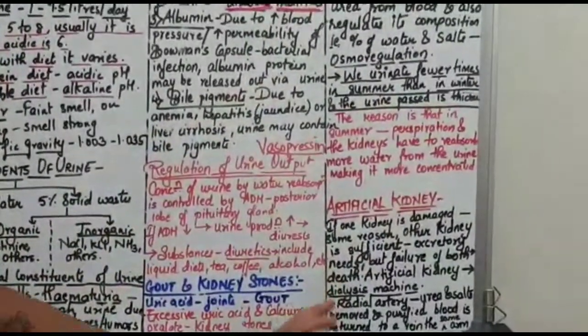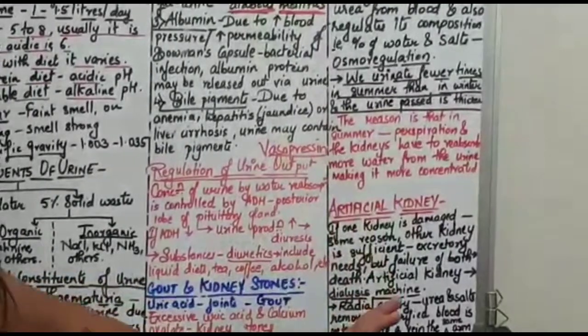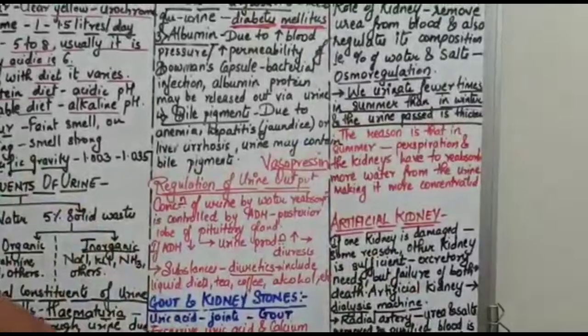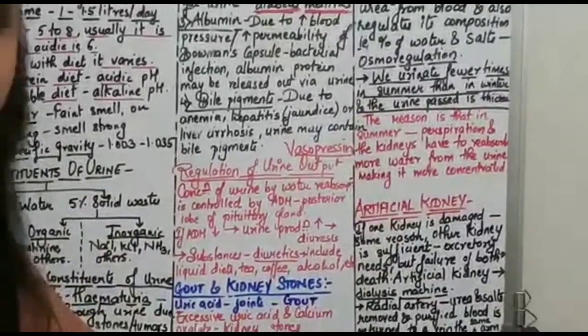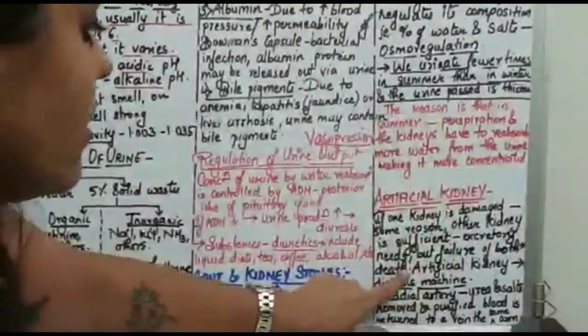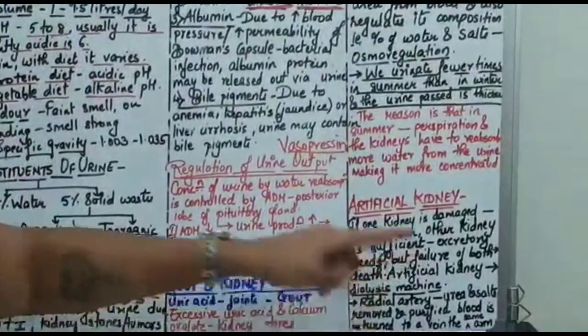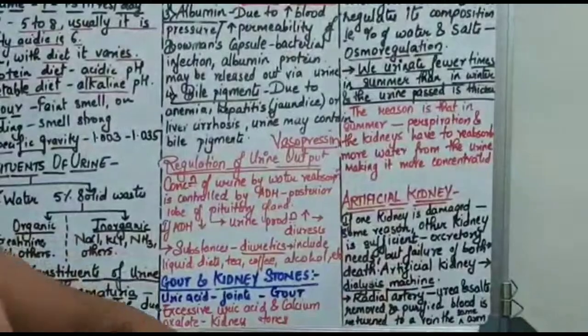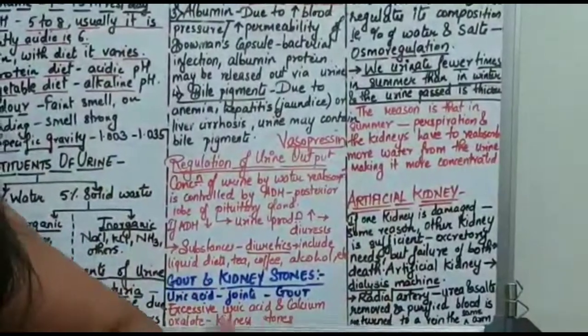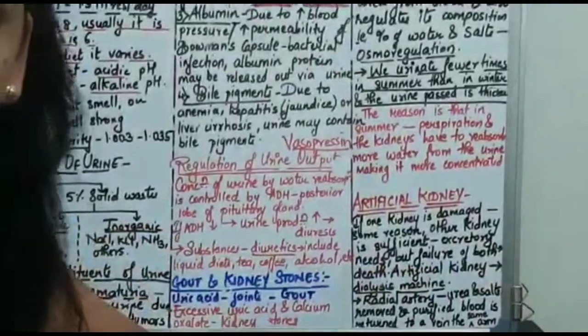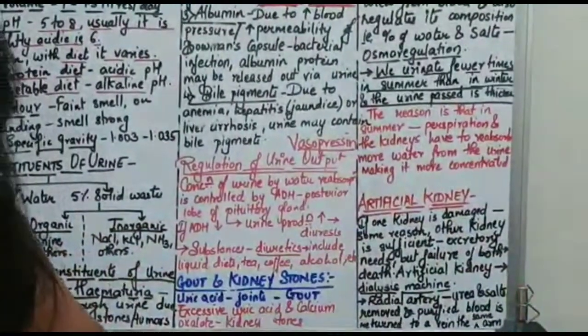But the issue arises when for some reason both the kidneys stop functioning. Then what happens? Then the person can even die if there is no replacement of that kidney. The replacement is nothing but the artificial kidney with the help of the dialysis machine.